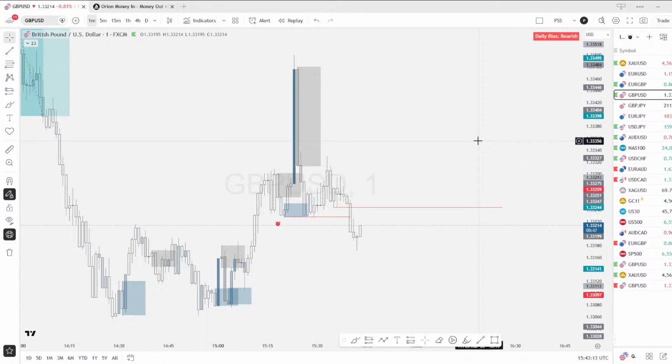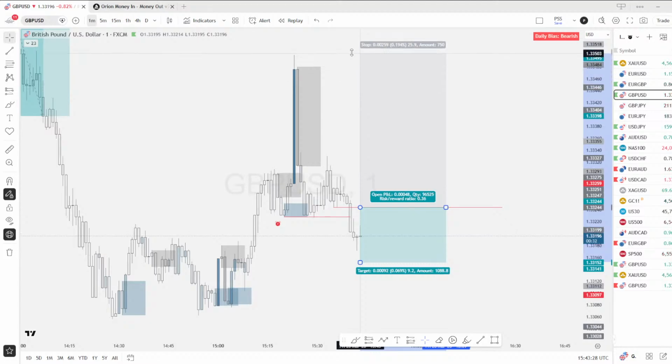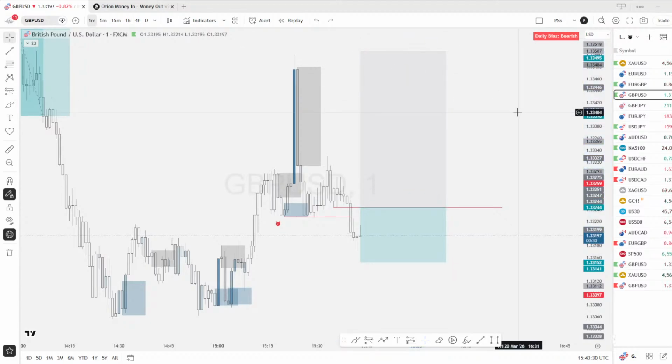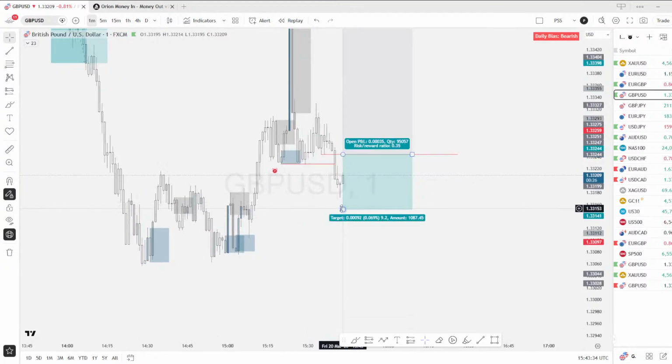Now, I'm going to walk you guys through the basis of why I am not going to be taking this trade, but it's still valid. The reason why I won't be taking this trade is because if we're placing our entry at the point of entry that we'd normally use, our stop loss goes above the last directional movement against our trend before the shift in our trend movement happened.